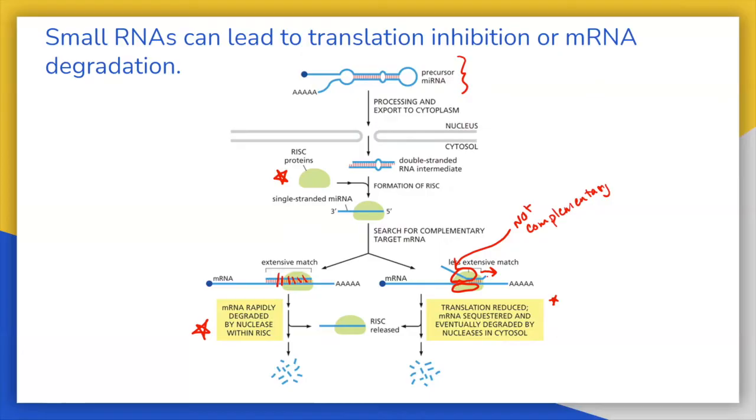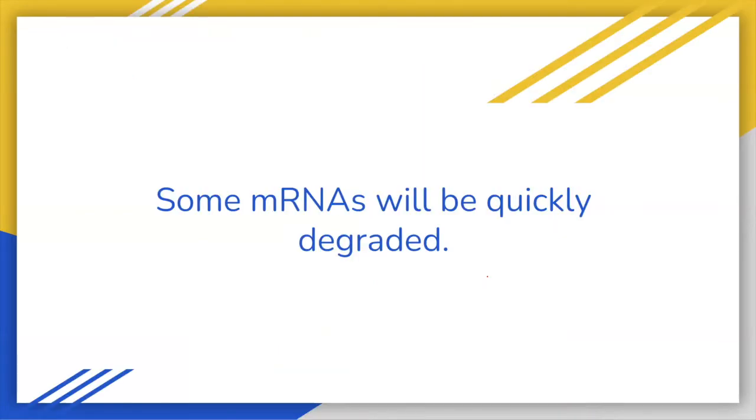That might serve as a kind of temporary inhibition of translation. If that happens long enough, eventually those mRNAs will also be degraded by nucleases because they are not actively being translated. That process of mRNA degradation is highly regulated.